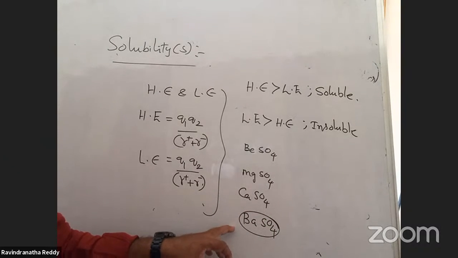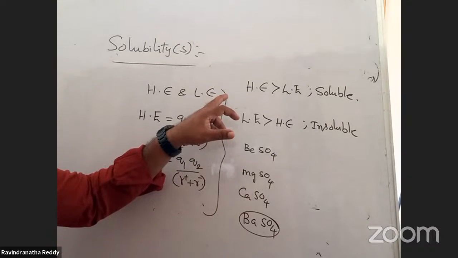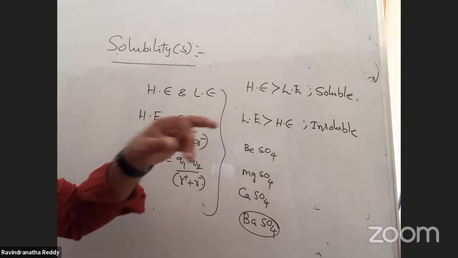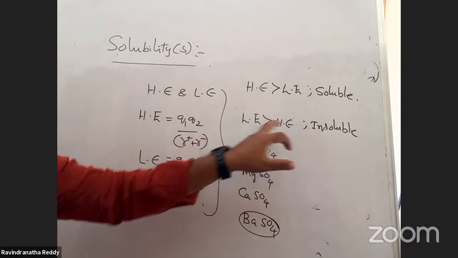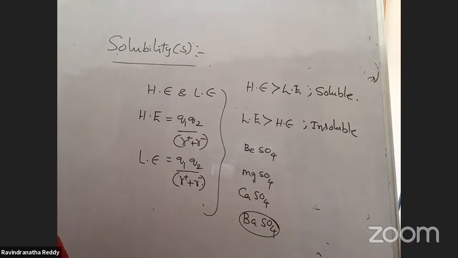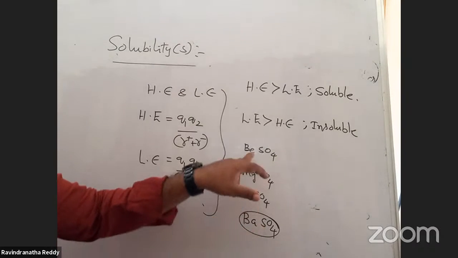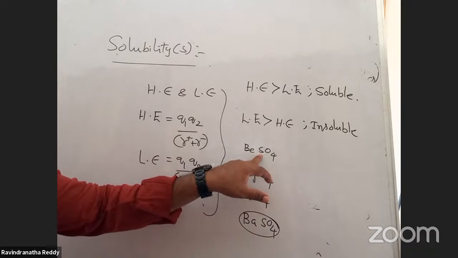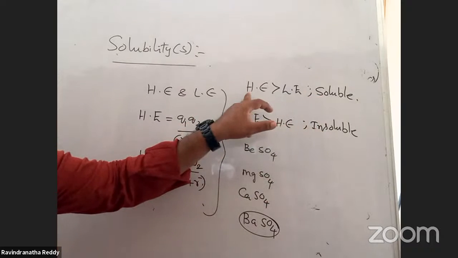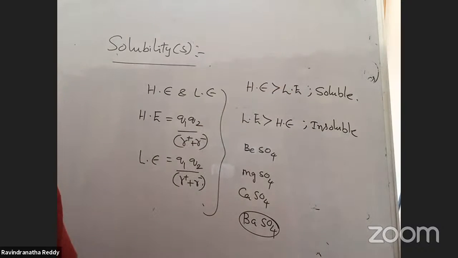What is the reason? Insoluble means lattice energy is greater than hydration energy. This is insoluble or partially soluble. Beryllium sulfate is more soluble in water. Soluble means hydration energy is greater than lattice energy. You apply that concept. Getting this point?